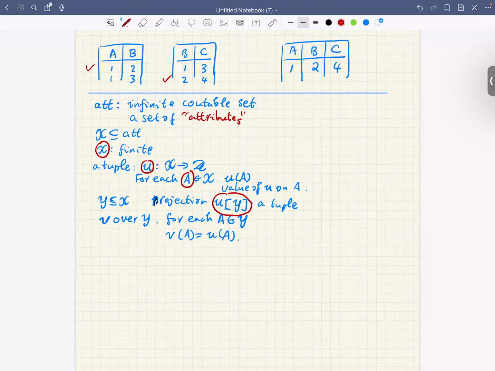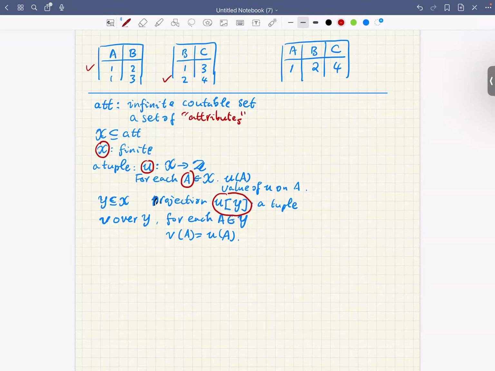Next, let's define relations. By the way, why do we call our database systems relational databases? I can tell you this is actually a difficult question for a lot of people. I would say a lot of professors actually teach this wrong.